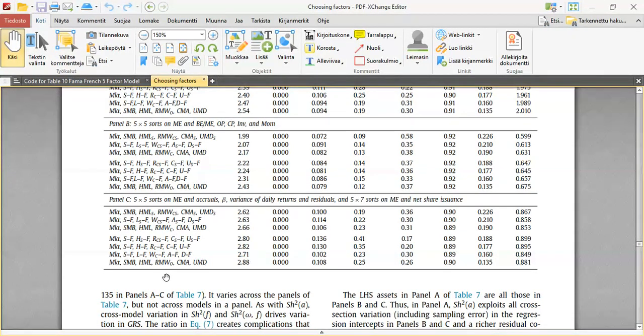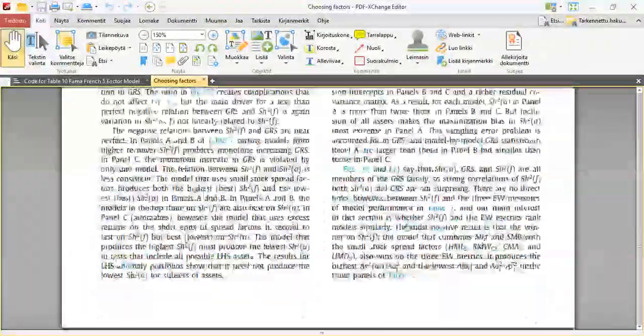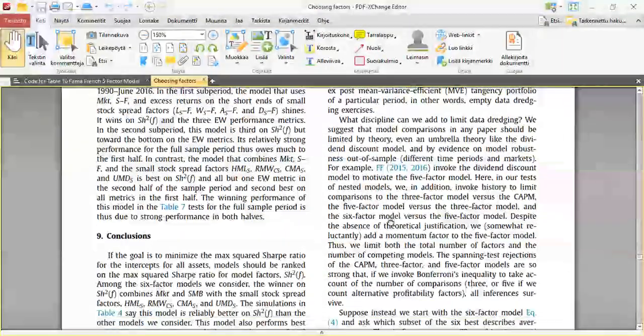And if we check the maximum squared Sharpe ratio, this model produces the highest one. So we would again come to the same conclusion. This is important to know from this table.